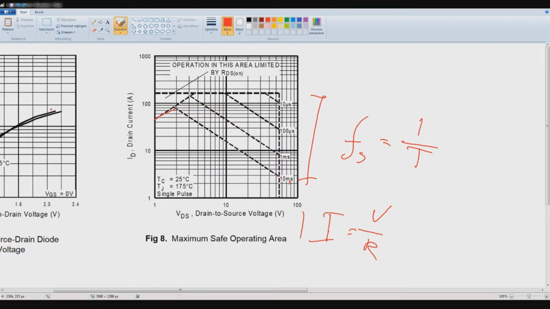And then we go even higher on the list by decreasing the pulse time, and this area over here is limited by the resistance, because as you can see it's a very low voltage, and if this is RDS on, then the current doesn't go above this line, which is a linear line.